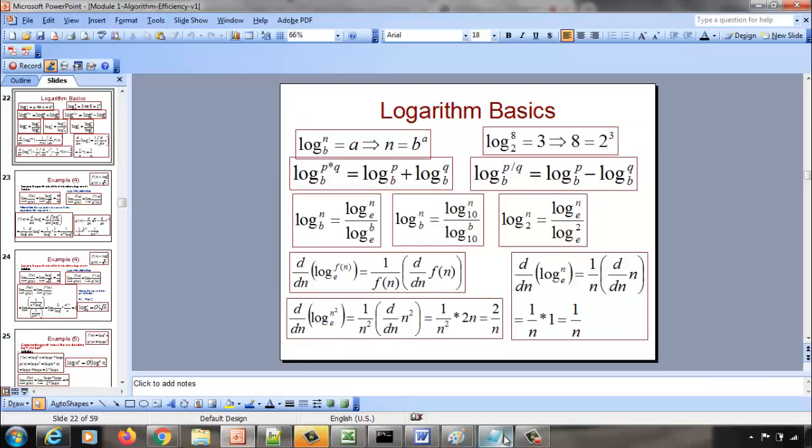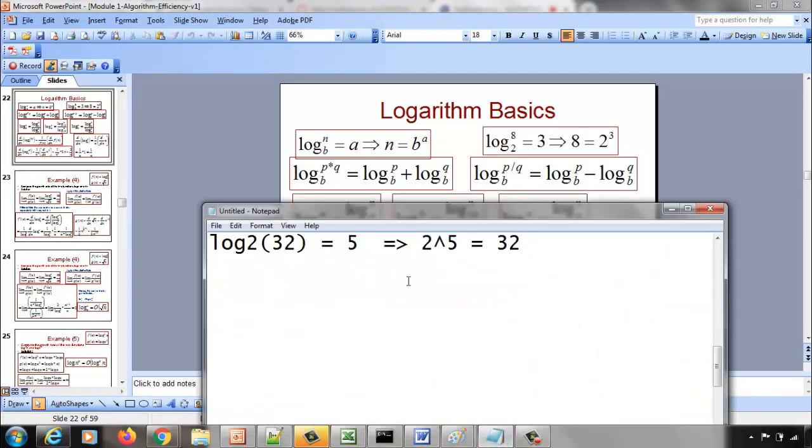An example: I want to evaluate log 16 times 32 to the base 2. You can multiply these two right away and take it to the base 2.